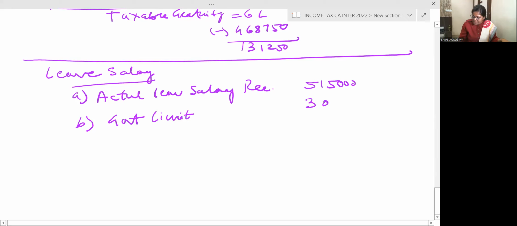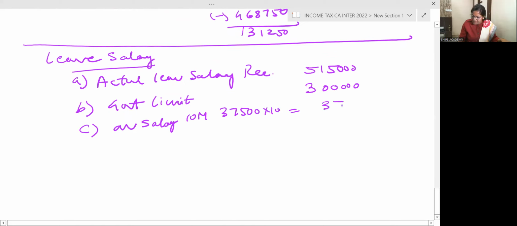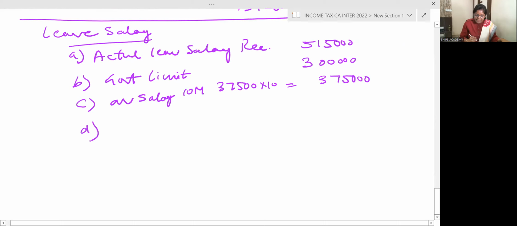Government limit for leave salary is 3 lakh. What is the government limit for pension? No limit, that is a separate story. Third is average salary of 10 months. How much is the average salary of 10 months? 37,500 into 10, that is coming to 3,75,000.